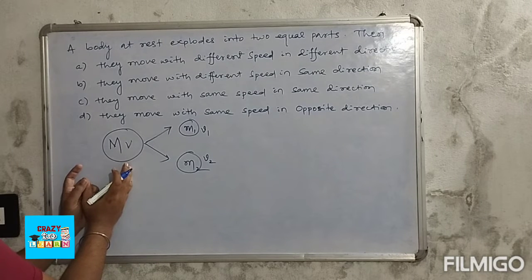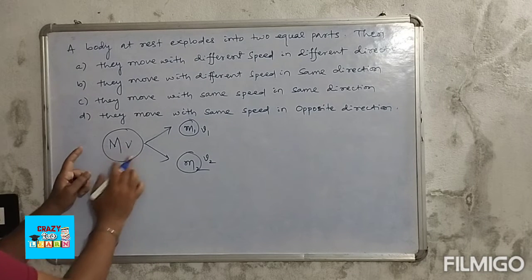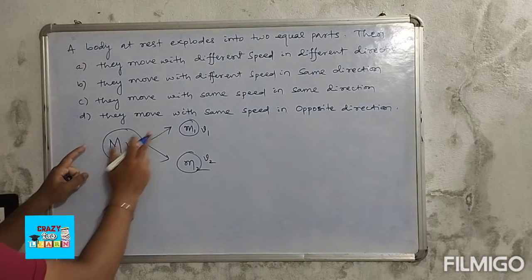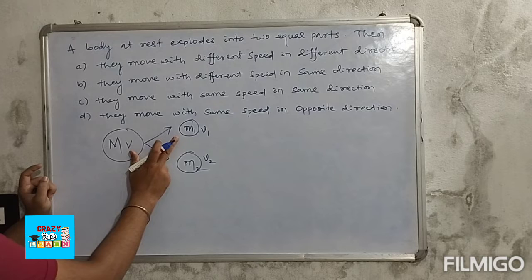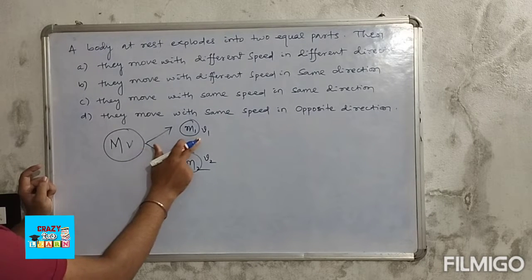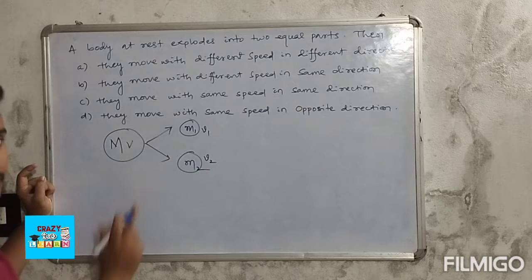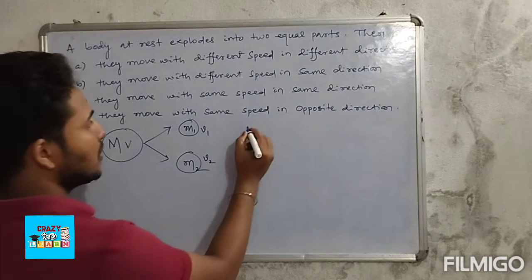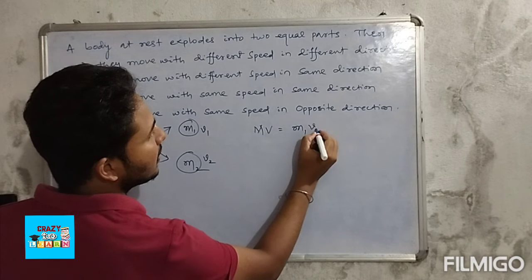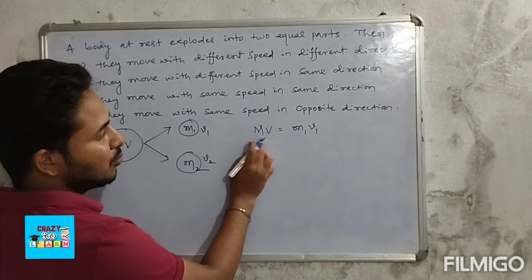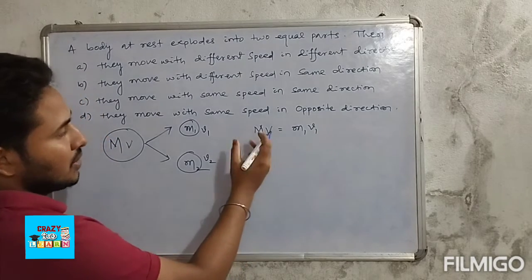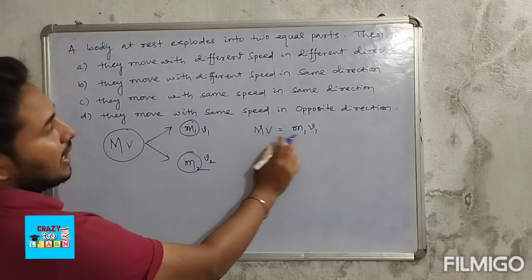Before explosion this body has mass capital M and velocity capital V, and it explodes into two parts. One has mass m1 and another has m2. The velocity of the m1 body is v1 and the velocity of the m2 body is v2. Then according to the law of conservation of momentum, capital MV is equal to m1 v1 plus m2 v2. Capital MV is the momentum of the body before explosion.